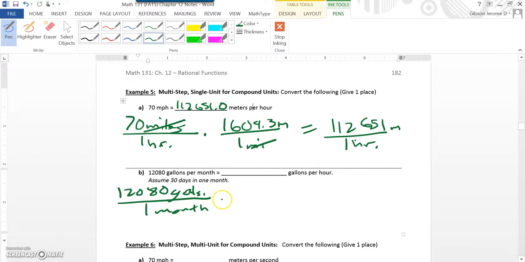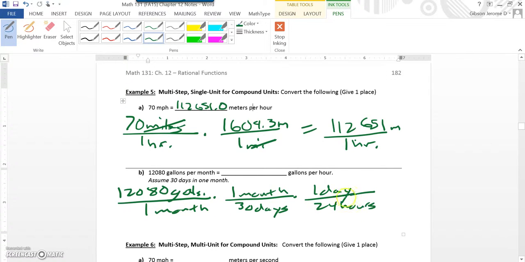So the only thing we need to change is the month to hours. Now it says assume 30 days in 1 month. So what we could do is change month to days. For 1 month, it would take 30 days. Now we could change days to hours. For 1 day, it takes 24 hours.